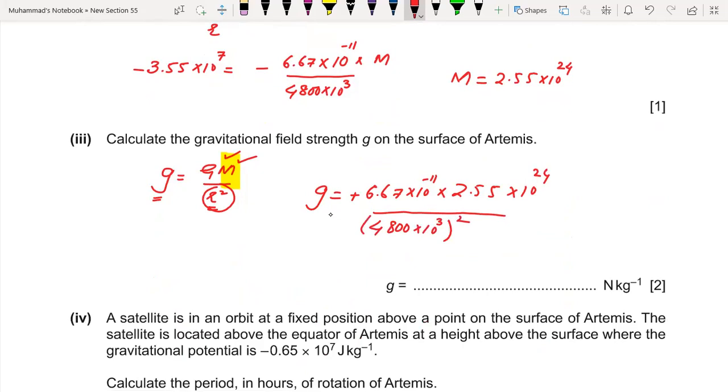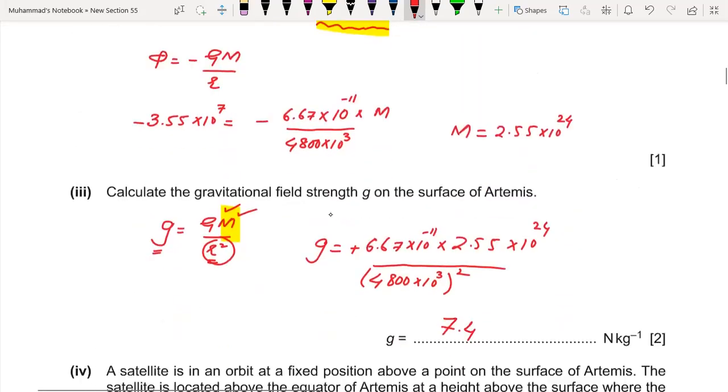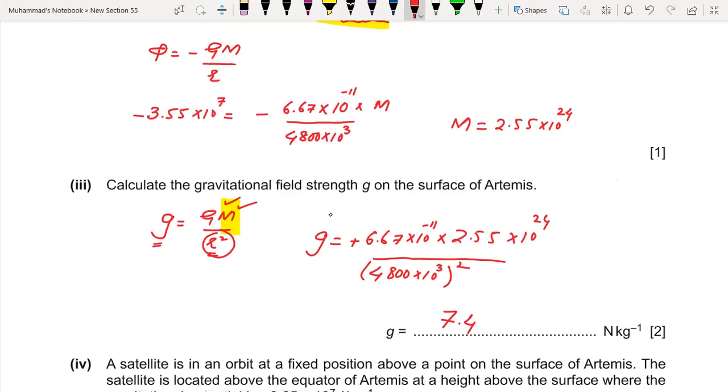So if you solve this, you will get the value of g, gravitational field strength on the surface of the planet, as 7.4 newton per kg. Why have I written this in two significant figures?